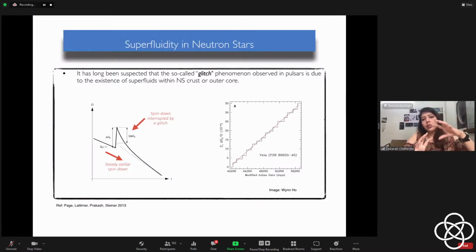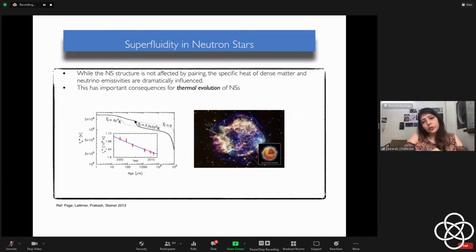Whenever there is a sudden change in angular momentum because of rotation, a transfer happens of angular momentum, suddenly changing the rotation frequency of the star and resulting in a glitch. Superfluids can also, as I mentioned yesterday, change the thermal evolution of neutron stars.